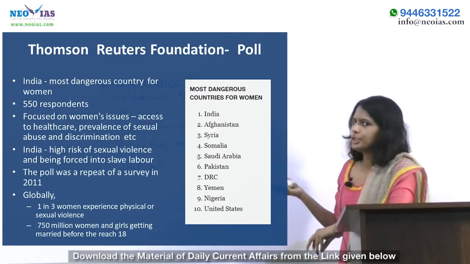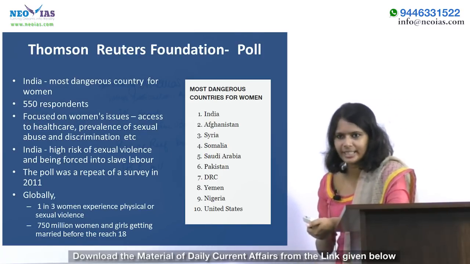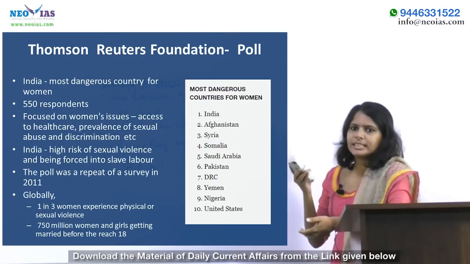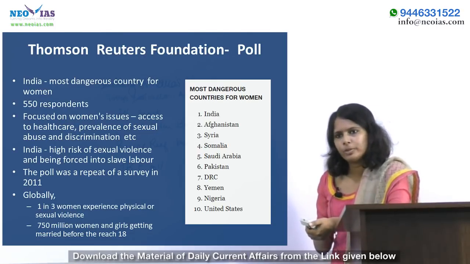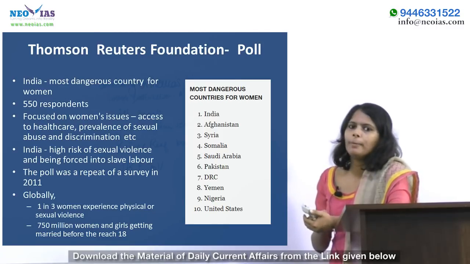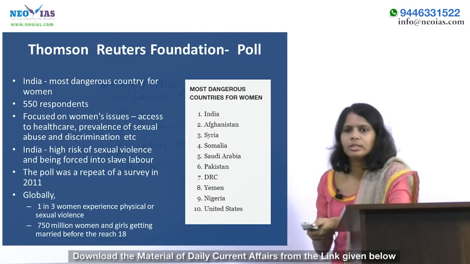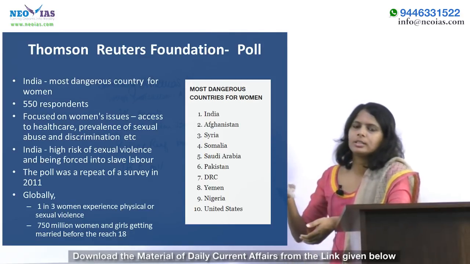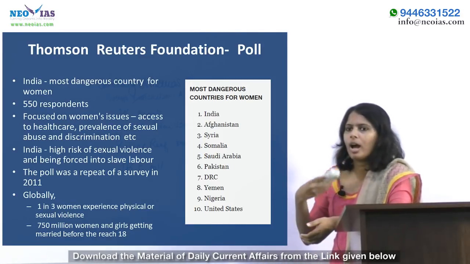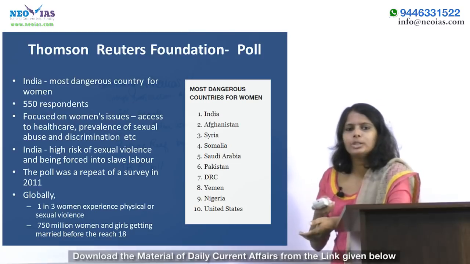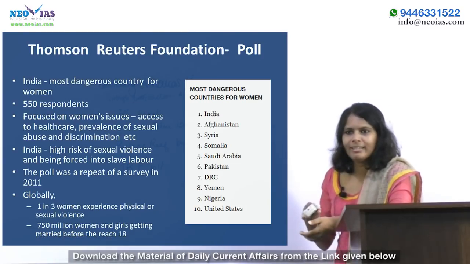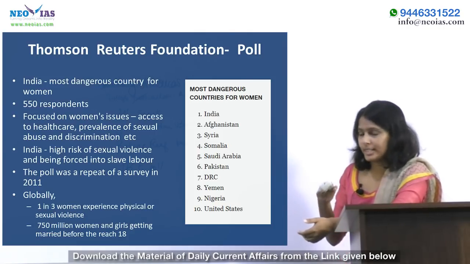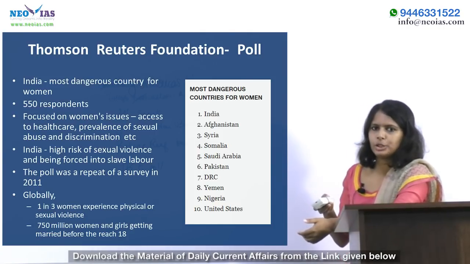The organization surveyed around 550 experts and these respondents included academics, aid and development professionals, health workers, policy makers, NGO workers, journalists, etc. And these respondents were asked to rank countries based on a number of key issues, including access to health care, prevalence of sexual abuse and discrimination.